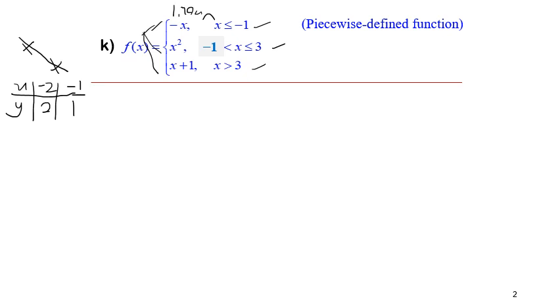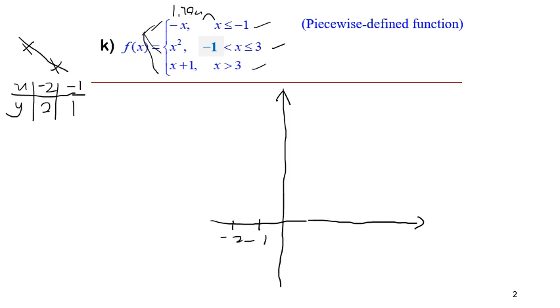So when we want to sketch, we sketch like this. We plot the x and y axis. So this is the point. Here we have negative 1, negative 2. Here 1, 2. So plot it like this.